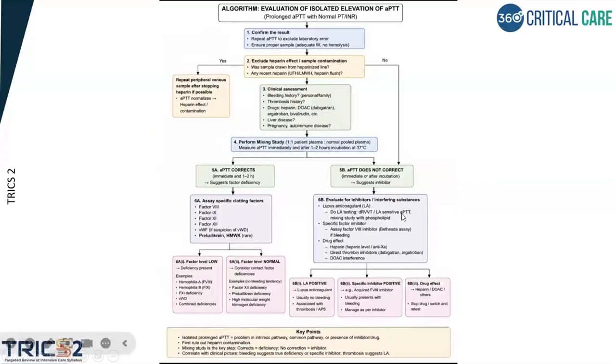Suppose even after the mixing studies, your APTT doesn't correct, it indicates that there are some inhibitors, and the most common one is your lupus anticoagulant. Okay, so taking this flow chart, you can actually create some 5 to 10 questions. Okay, so this flow chart is very, very important, and this is one of their favorite questions, isolated elevation of APTT.